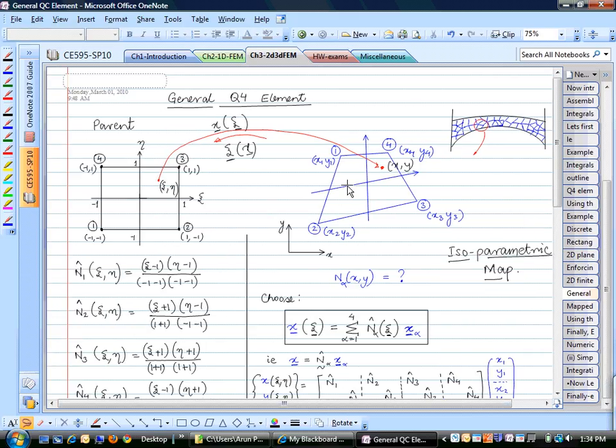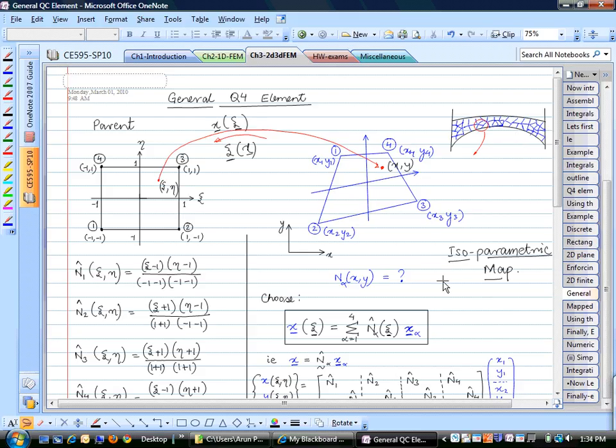So we will pretty much take whatever function we have on our parent domain. This is called the parent domain. Whatever function we have of c and eta, we are going to map that to its same value at the location at the real x and y, which is actually an element in the real mesh.